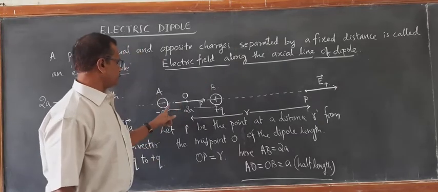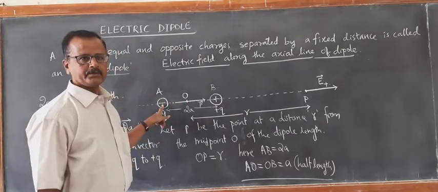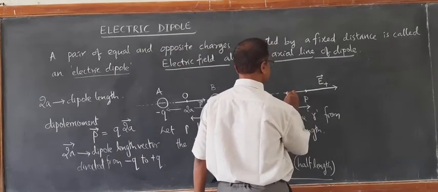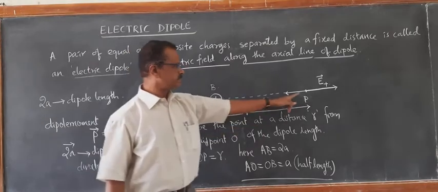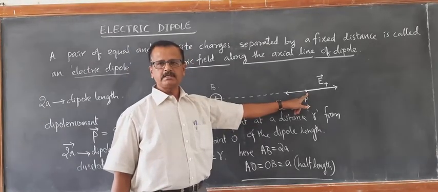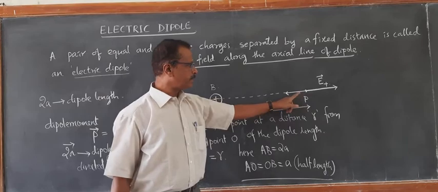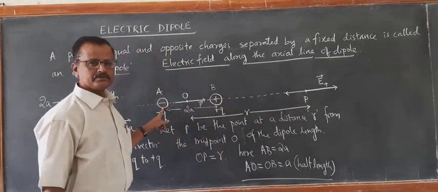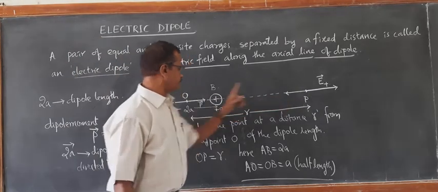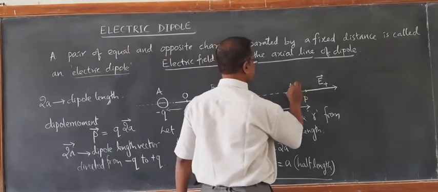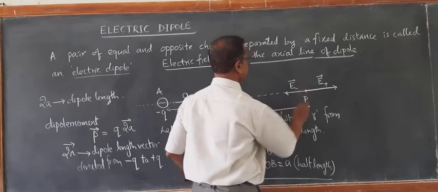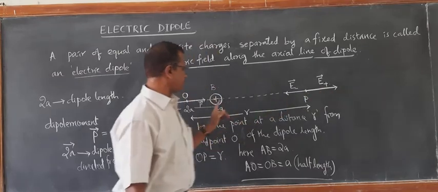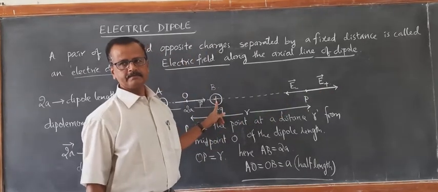And the electric field due to the negative charge is directed towards the negative charge because of the attractive force. If you assume there is a positive test charge, it will be repelled by the positive charge and attracted by the negative charge. So the electric field due to the negative charge, I am writing as E minus. E minus is directed towards A. E plus is directed away from B.